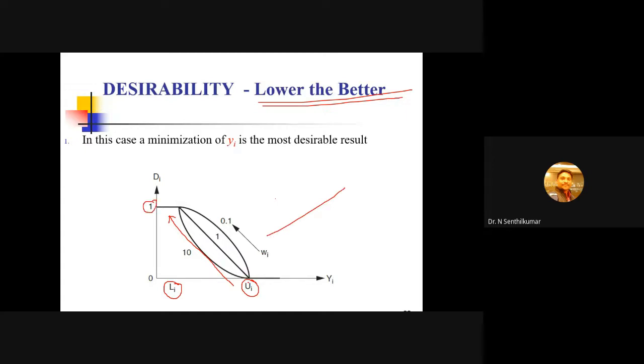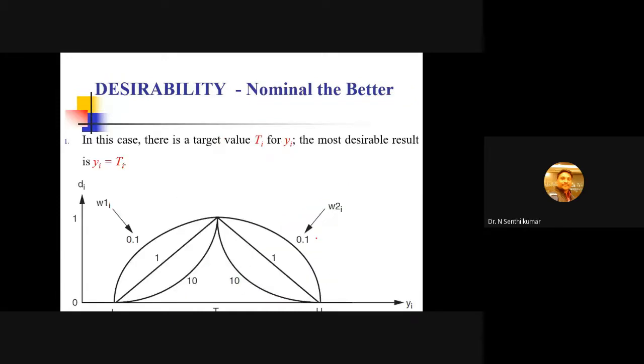So initially it is 0 and it can move only towards 1. If it moved like this, then initially it would be 1 and it would be 0 at the end, so it would be a decreasing trend. It is not so. The desirability should always move from 0 to 1. That's why we use this lower the better concept like this. So this is nominal the better. In nominal the better, we are going to fix the target.